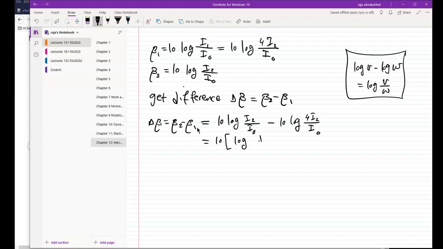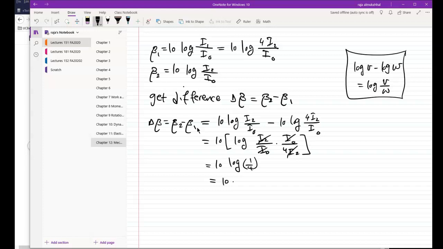So that's going to be I2 over I naught times, if you do the algebra, I naught over 4I2, and then the I2's cancel out, and the I naught cancel out, and I end up with 10 log 1 over 4. See that? Now I can use my calculator immediately and get an answer to that, but let me play with it just a little bit.